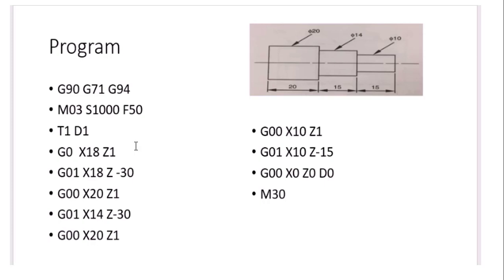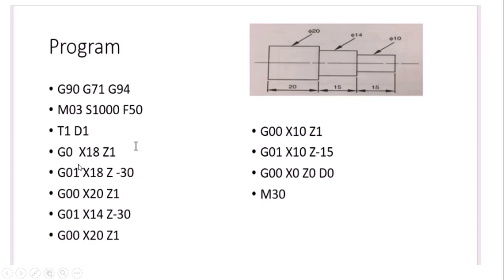Clear? When it is initiated, this point will be considered as your 0, 0 because your job is of this much size. In the last class we discussed the machine coordinate and the work coordinate system, so that is the same over here. Firstly, I need to reduce the diameter from 20 to 14 and then 14 to 10. I will not take a big depth of cut, so I will take it to 18.